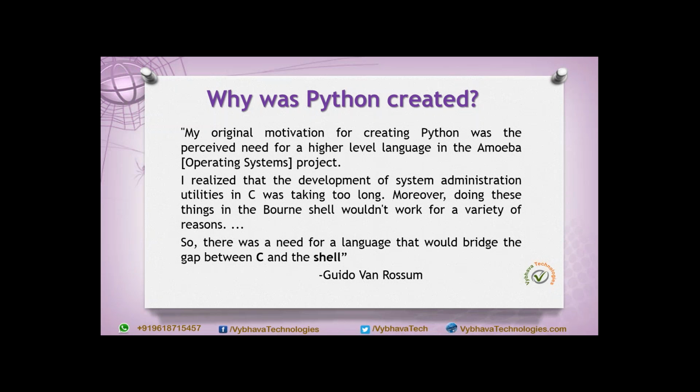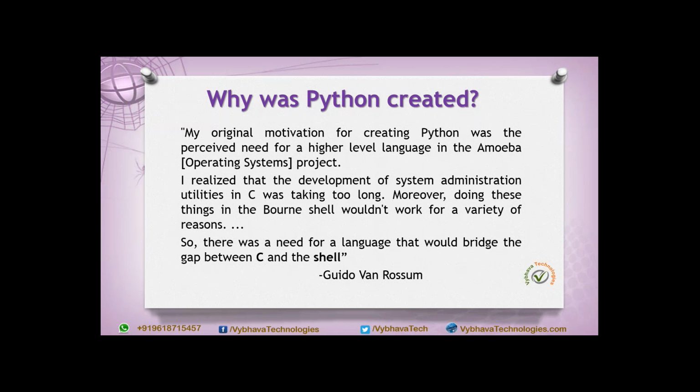We already had a lot of languages: C, COBOL, Pascal, and many others in the 80s and 90s. The main reason, his original motivation for creating Python, was the perceived need for a higher level language in the Amoeba operating system project.